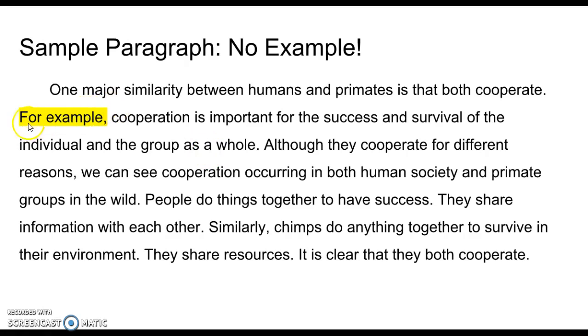So you can see that this writer wrote "for example" as a transition word. So we need to have an example after this transition word. But if we read very carefully, this sentence that follows is not even an example. It's an explanation of what cooperation is and why it's important. So first thing, we need to make sure that we actually have clear example sentences in our paragraphs.